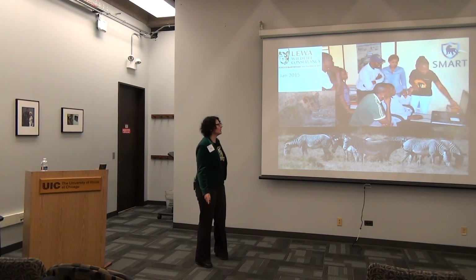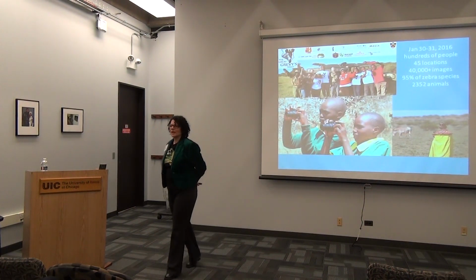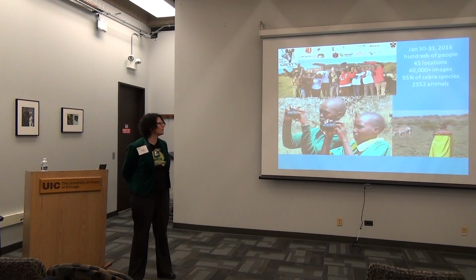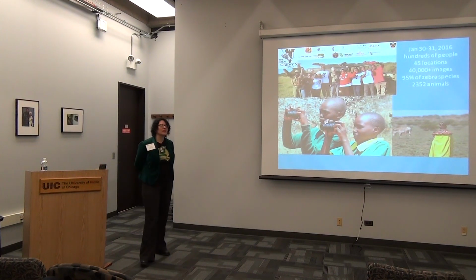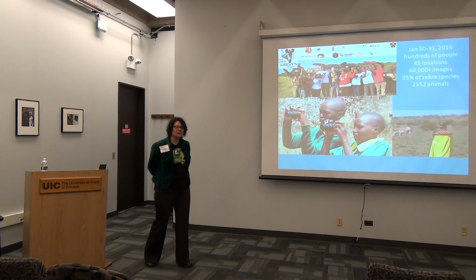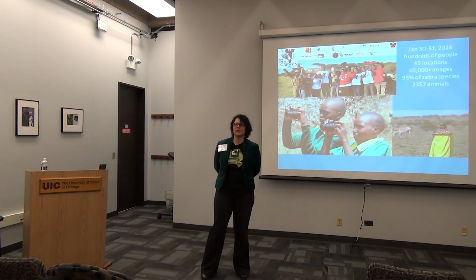Okay. And in 2016, Wildbook enabled the first ever full census of an entire species, that endangered Grevy's zebra, from photographs taken by ordinary citizens. 95% of the zebra are in Kenya, about 5% are in Ethiopia.